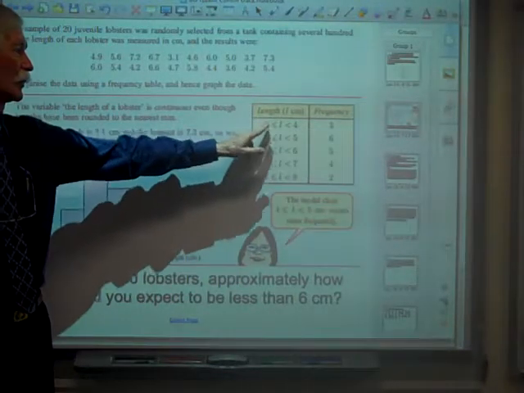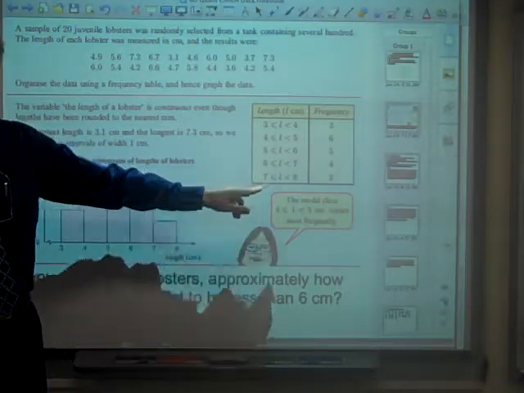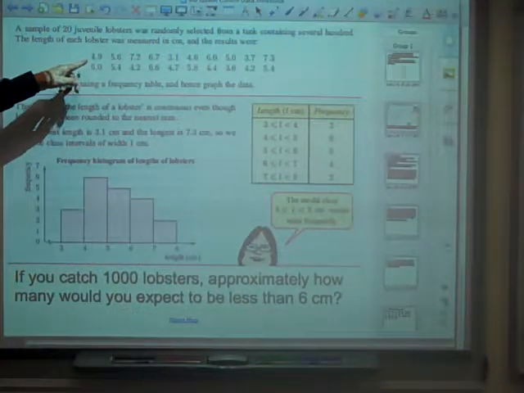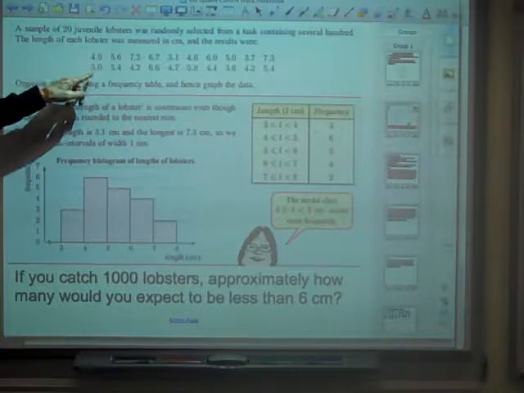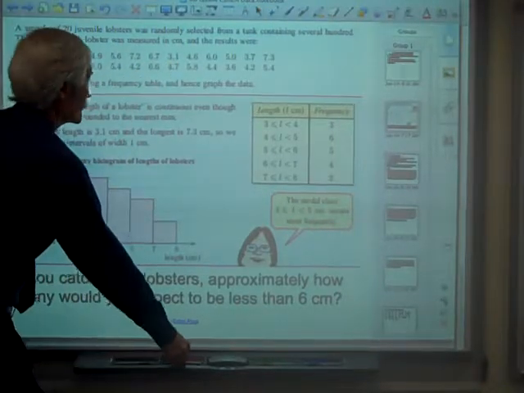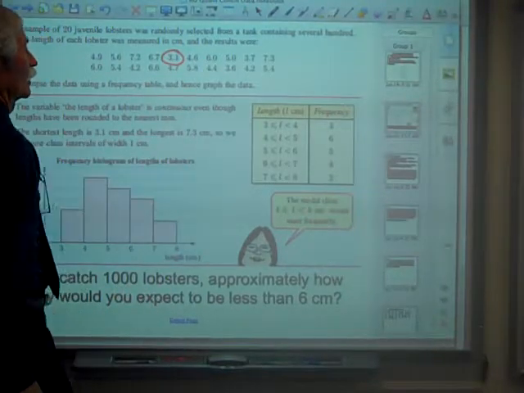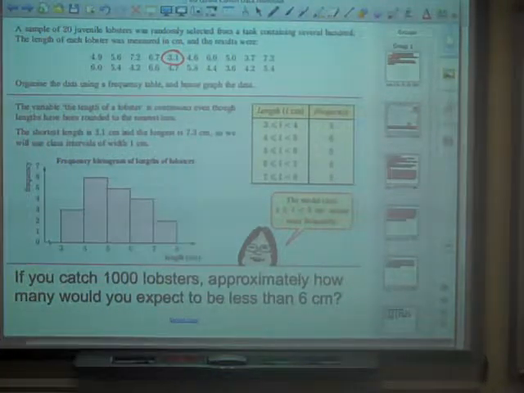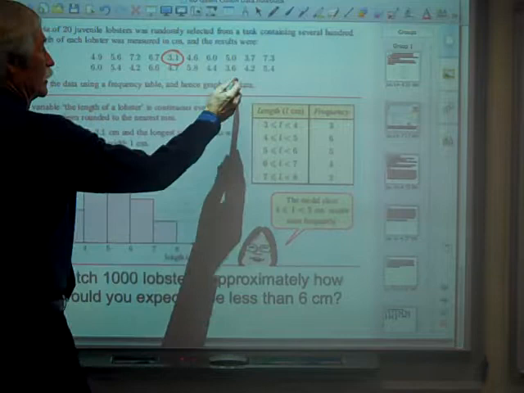So they actually put it in 1, 2, 3, 4, 5 groups. And this worked out nicely because what is the smallest lobster here? Maybe 3.1. What's the longest lobster? 7. Maybe.